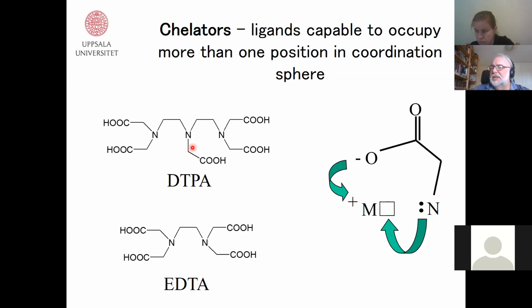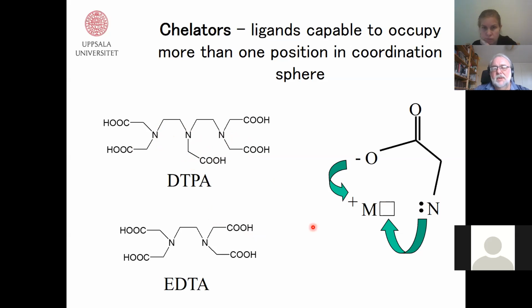For example, DTPA is octadentate because it contains 8 potential electron donors: 3 nitrogens with unshared electron pairs, and 5 carboxy groups, which carry negative oxygen atoms.